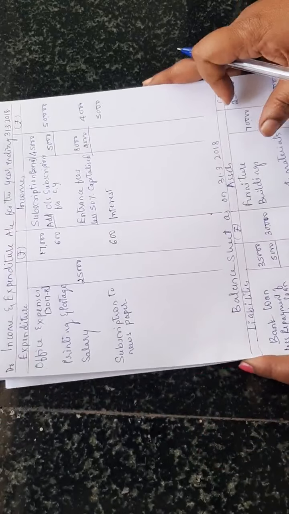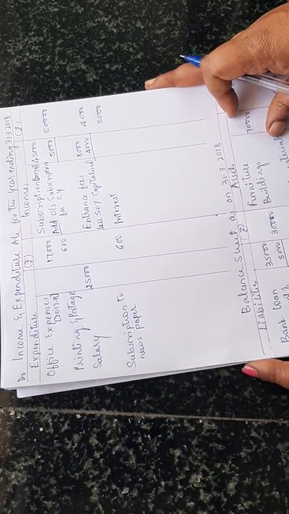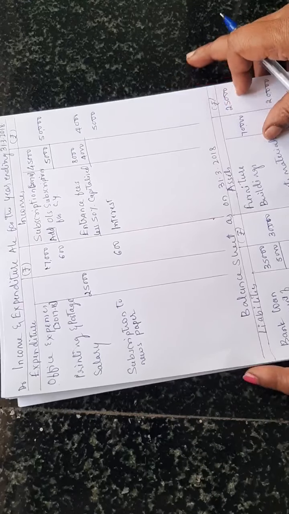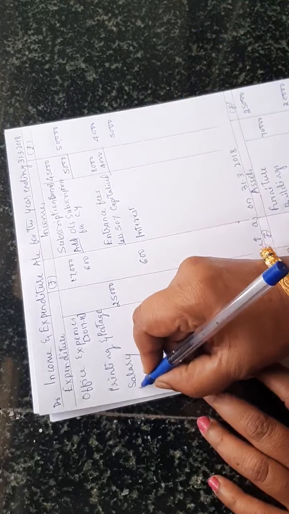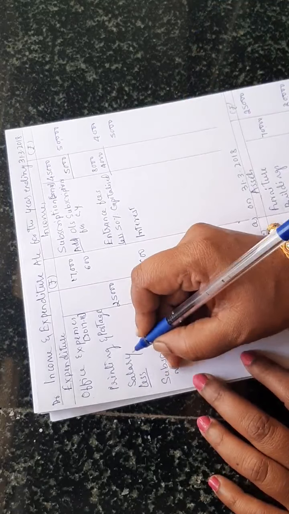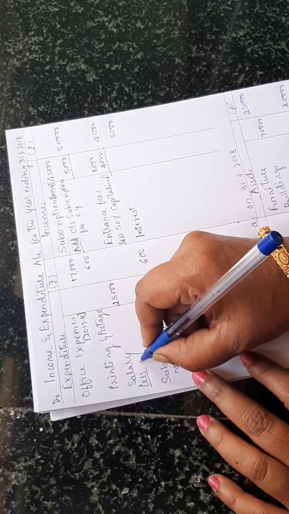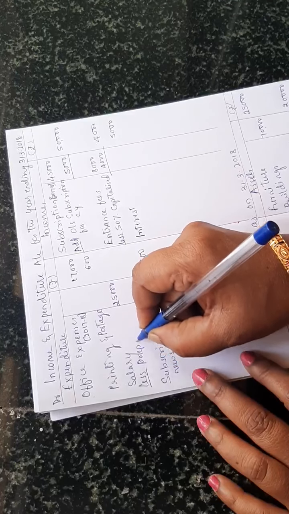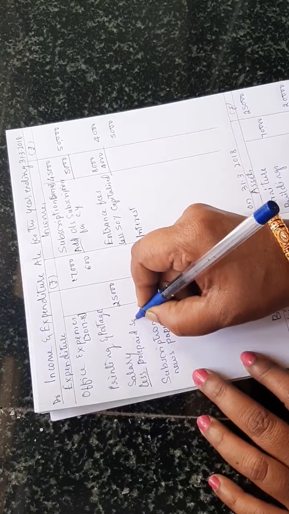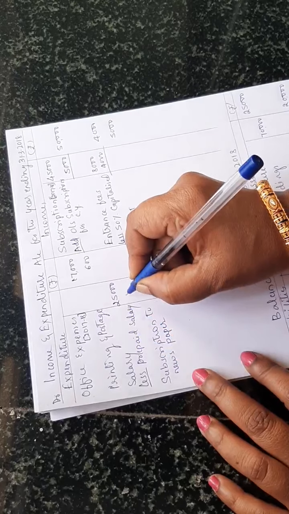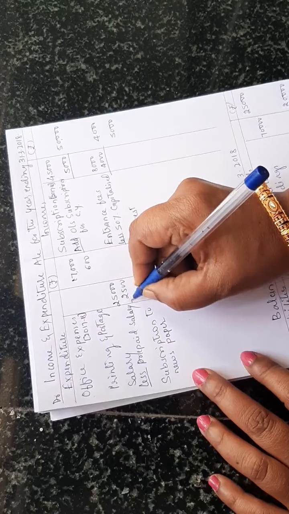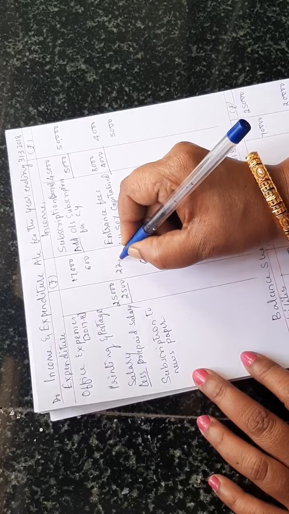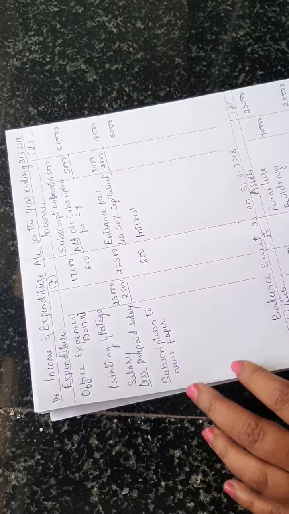So prepaid expenses, what to do, prepaid means next year expenses we have paid in advance. So belongs to next year means what, less prepaid salary. How much is it, 2,500, so 22,500 is our this year's salary.